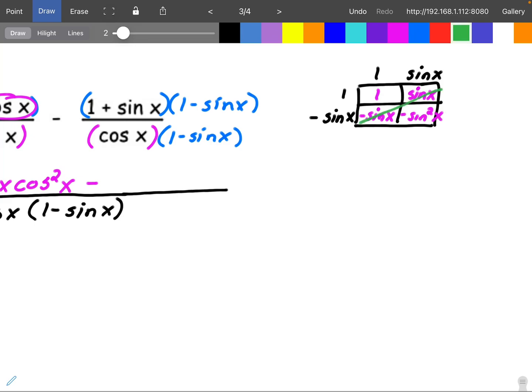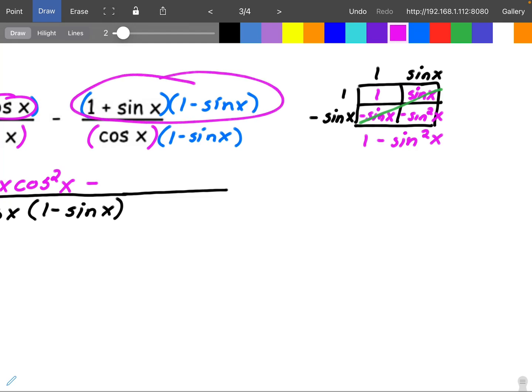And then we can see, definitely we have those middle terms cancel. So that simplifies to just be 1 minus sine squared x. So when I multiply this out, I get 1 minus sine x. Now I have to be careful though, because I have this minus here.